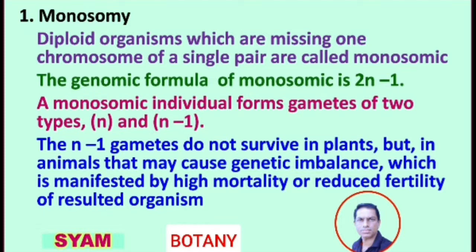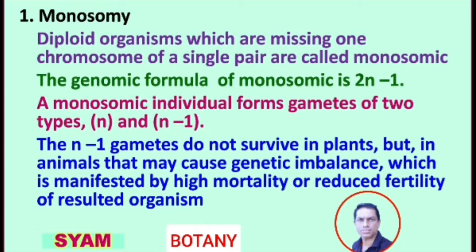The genomic formula of monosomic is 2n minus 1. A monosomic individual forms gametes of two types, n and n minus 1.